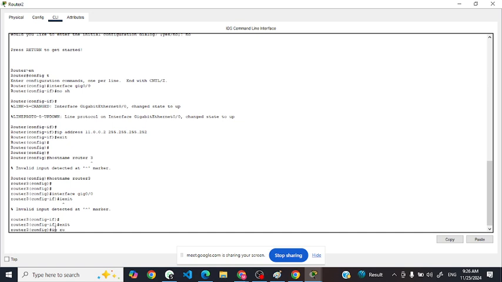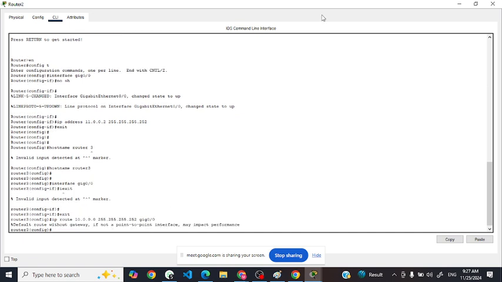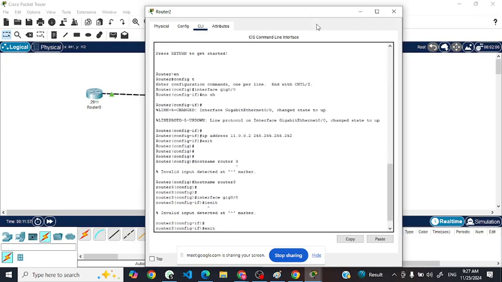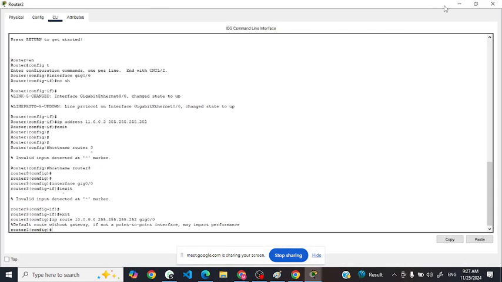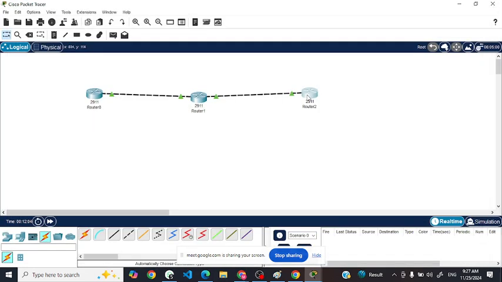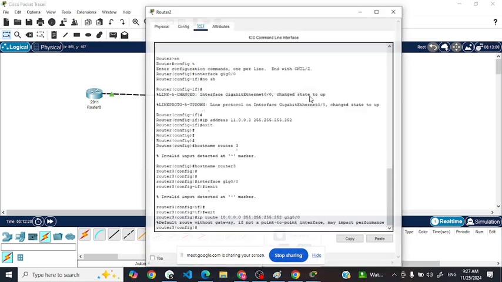So IP route 10.0.0.0. So we are giving the instruction to this router: either you get a destination IP from the 10th network or the 11th network, you should forward it from which interface only? This interface, gig 0/0.